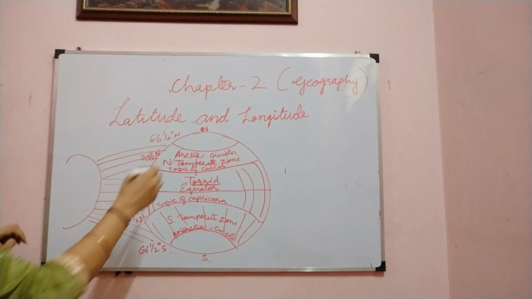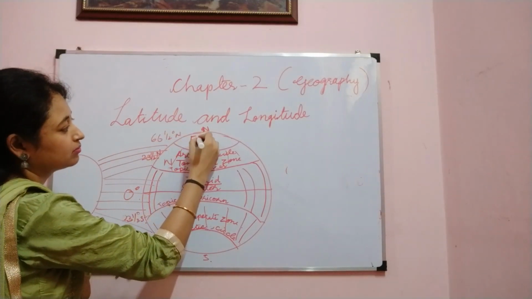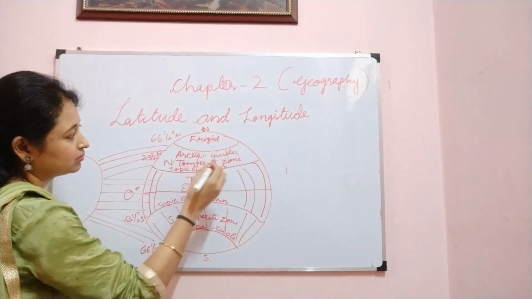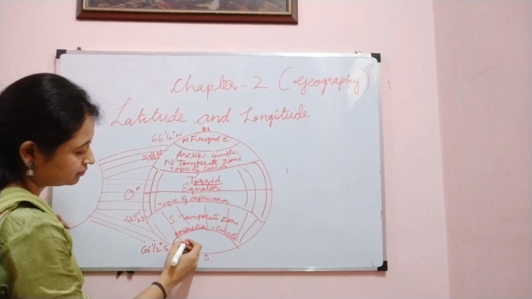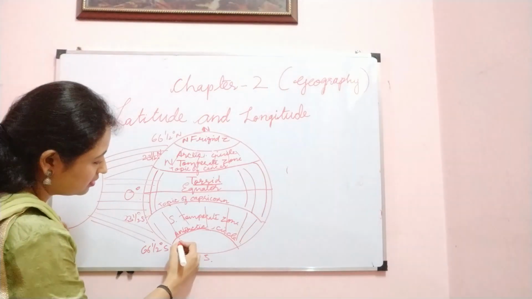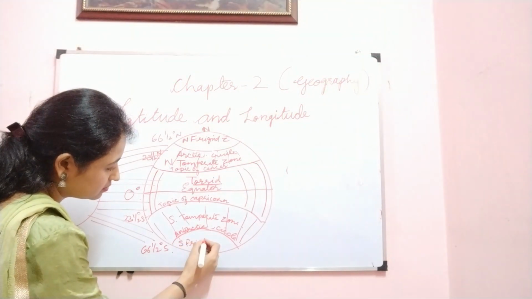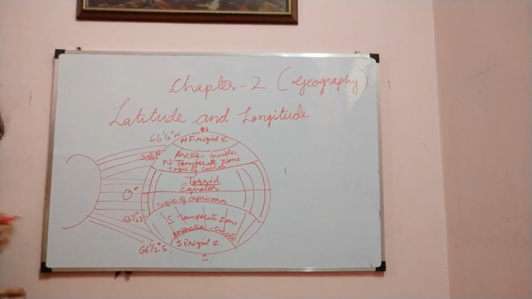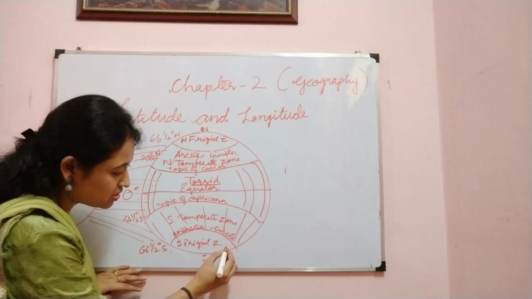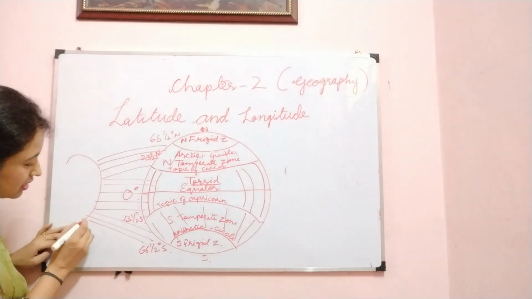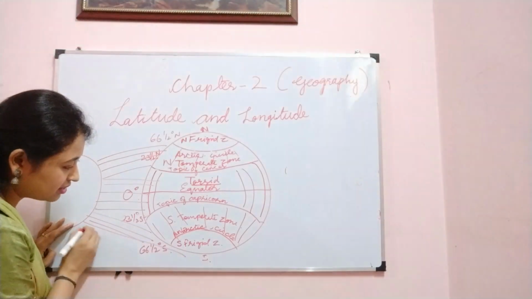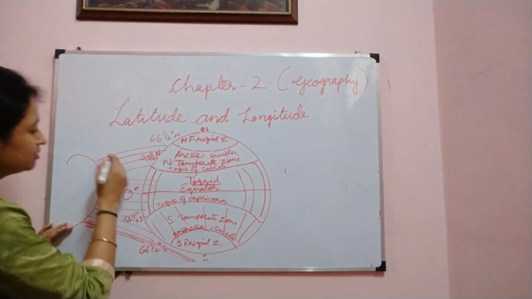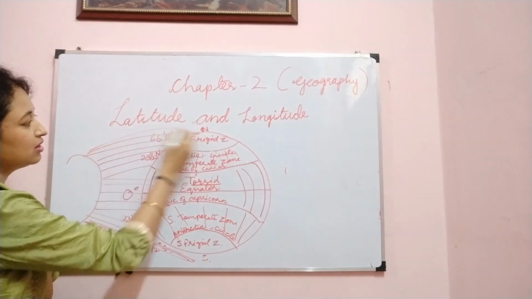And if we talk about this zone, this frigid zone, this particular southern frigid, these are the areas where we have a moderate kind of temperature. These areas are not too cold and not too hot. But talking about the frigid zone, the sunlight rays become more slanting, more diagonal, so they hardly receive sunlight.